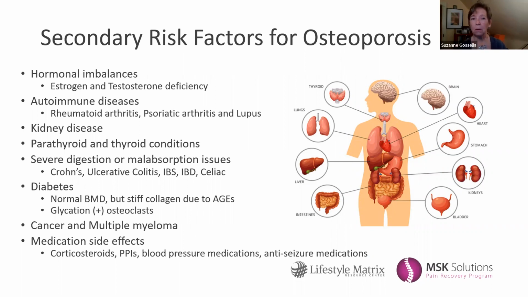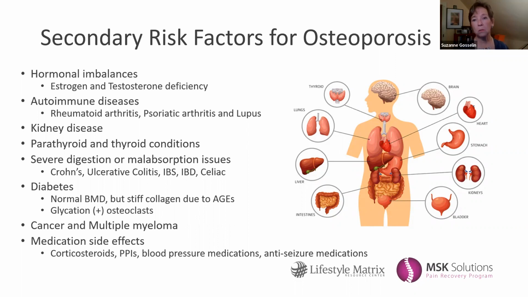There are hormonal imbalances that can lead to estrogen and testosterone deficiency. I think of women who are elite athletes, working their bodies and working out so hard that they actually stop cycling with a regular menstrual period.